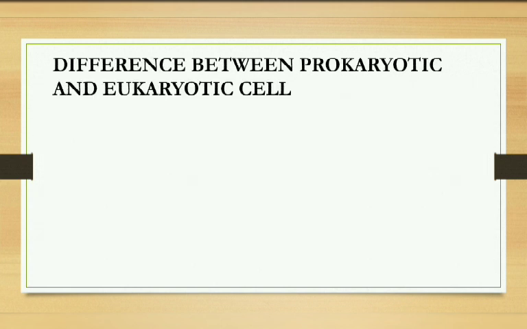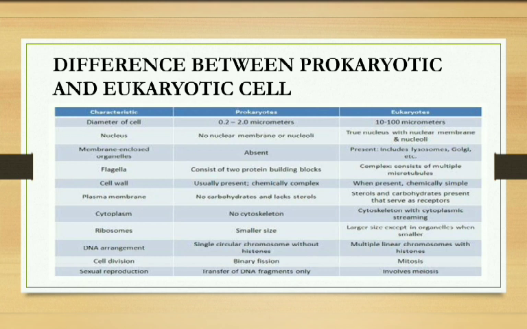Difference between prokaryotic and eukaryotic cell. You can see that there are so many differences, starting with the diameter of the cell. Prokaryotic cells are very small. Eukaryotic cells are big. Nucleus, I already told you about that. Membrane enclosed organelles are absent in prokaryotic and present in eukaryotic cell. Flagella is present in prokaryotic cell, but a complex one is present in the eukaryotic cell.